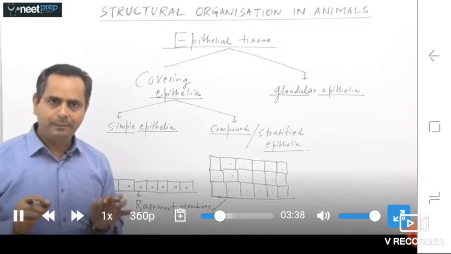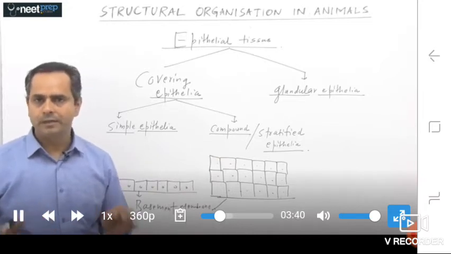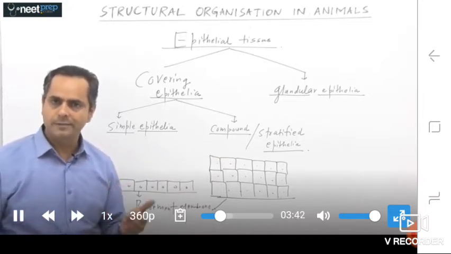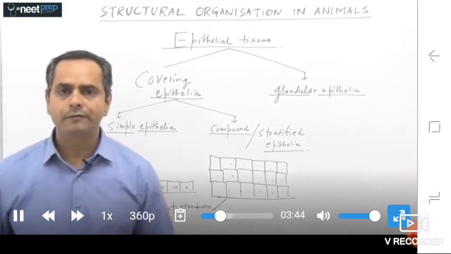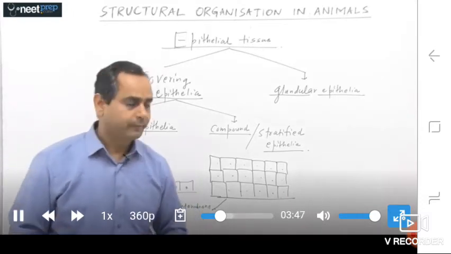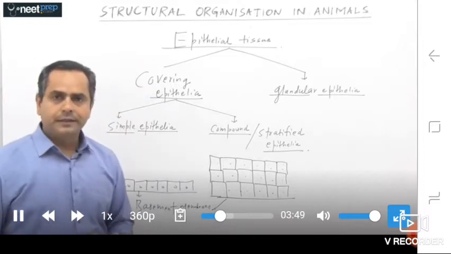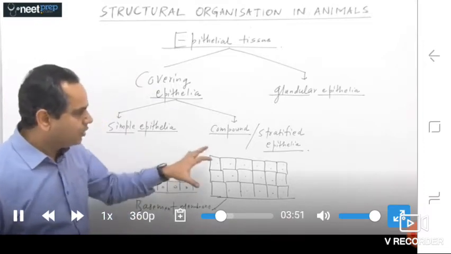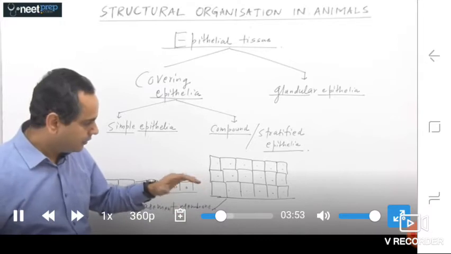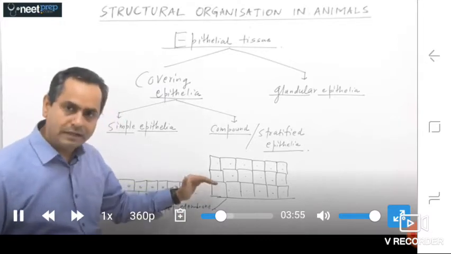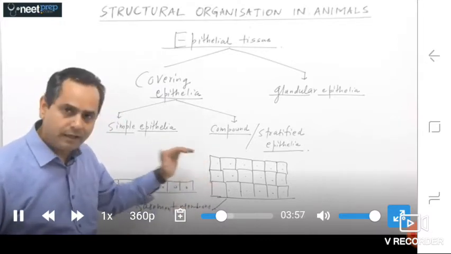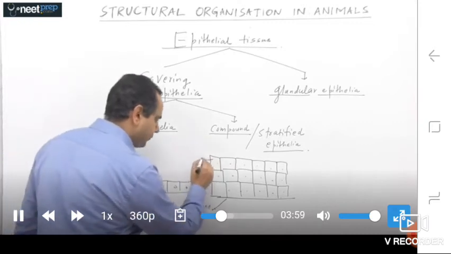So the basic difference between simple and compound epithelia is the layering of cells, single layer versus multiple layers. In compound epithelia there is a bottom layer called the basal layer and an upper layer called the apical layer.